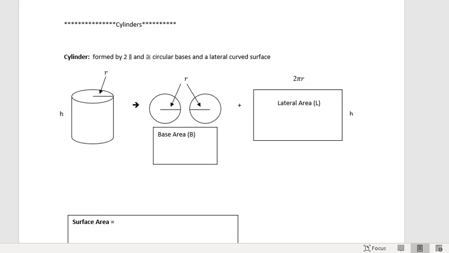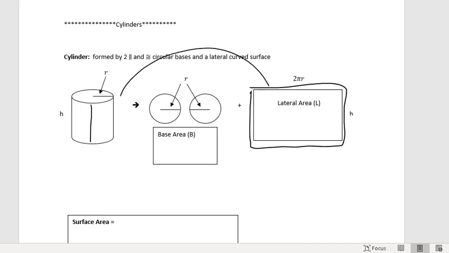If we deconstructed that soup can, you could cut off the label and unroll it and flatten it, and you would see that it has a rectangular shape right here. We call that the lateral area, and it would have the top and the bottom as circular bases.